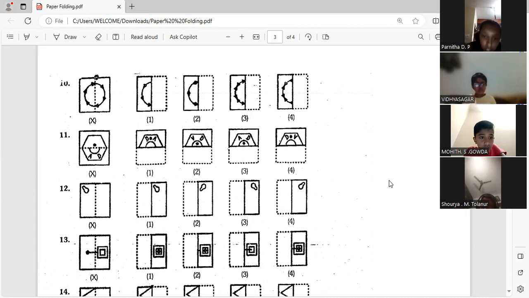What is the answer for the 11th one? Option 2. Ma'am, in the 13th one, the second and fourth options are similar.